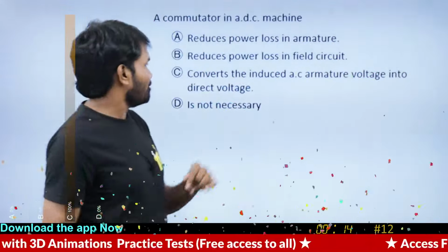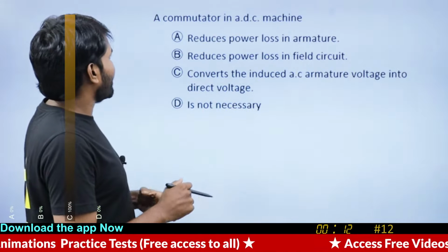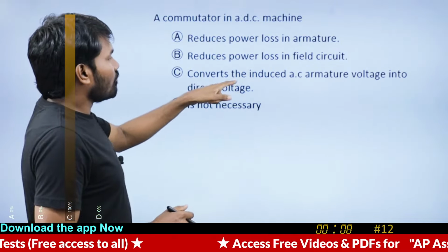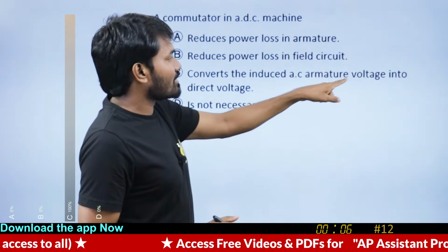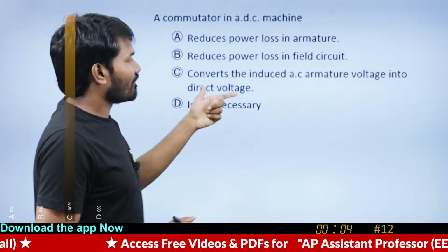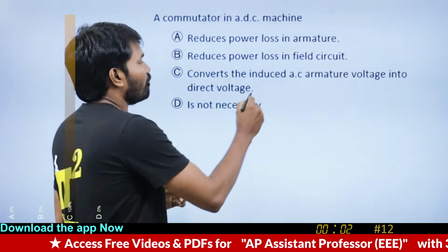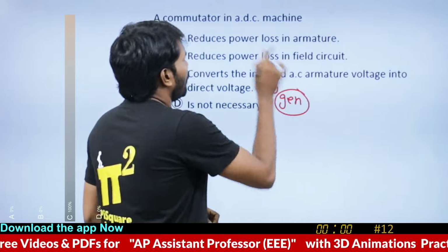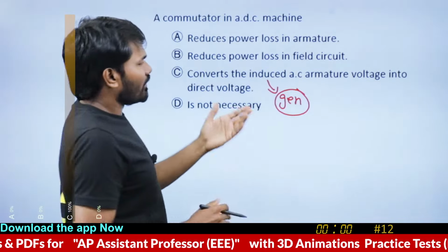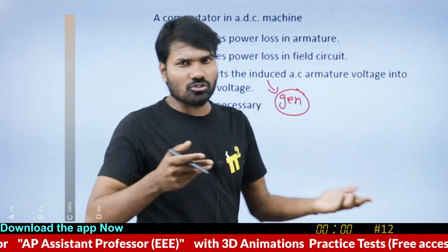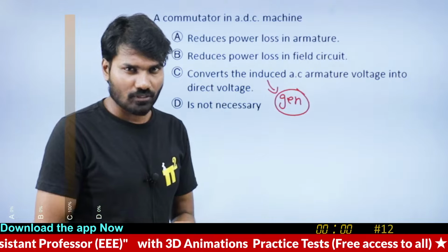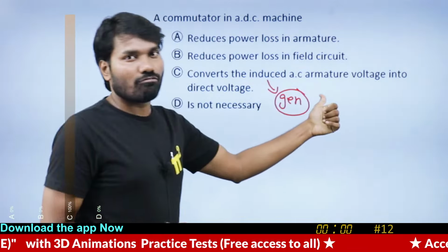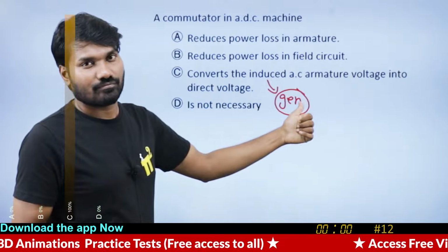Everybody is doing good. Here is one extra point: a commutator in a DC machine converts the induced AC voltage into DC, right? If it is a generator. Since it is not given explicitly, you can take any case, motor or generator. So this statement is explicitly true for a generator.